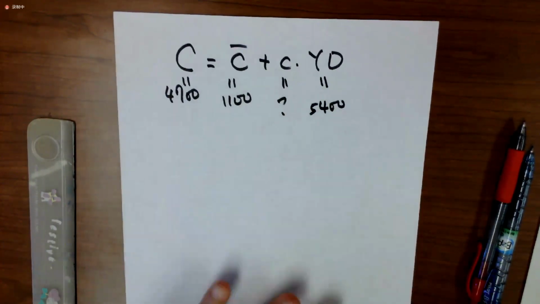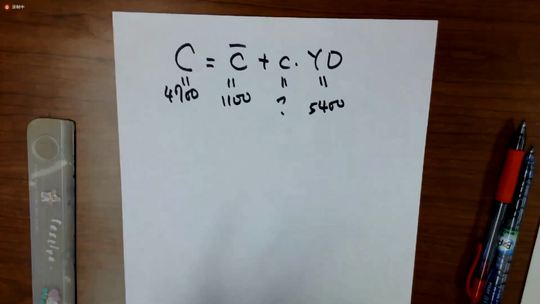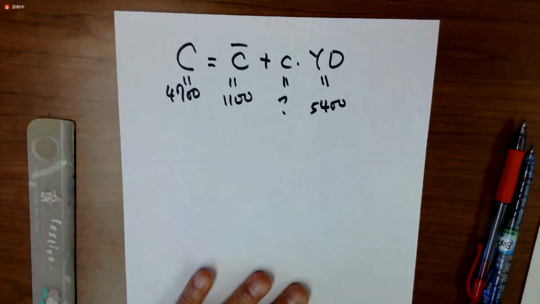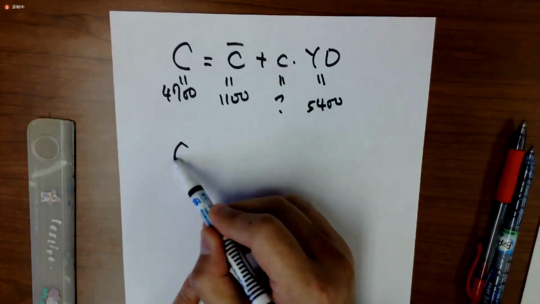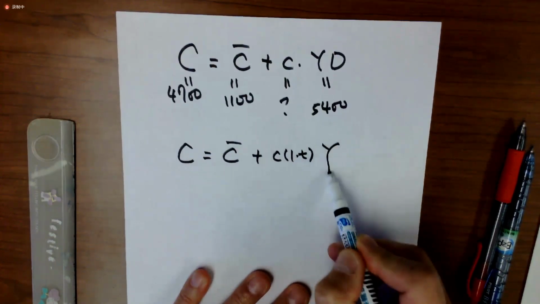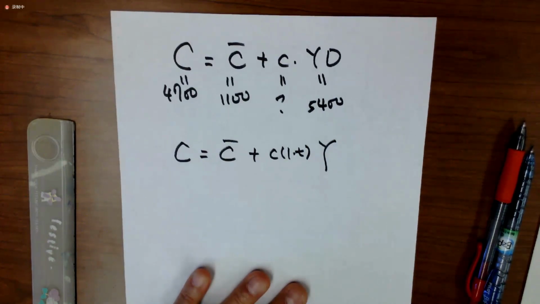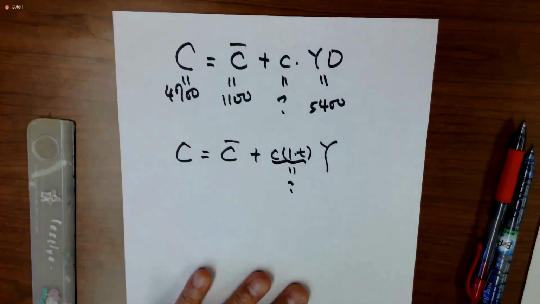So Matthew just told us the third way of solving the same problem. And of course, you can do the same thing for C equals C bar plus c(1 minus t) times Y. You can solve this.